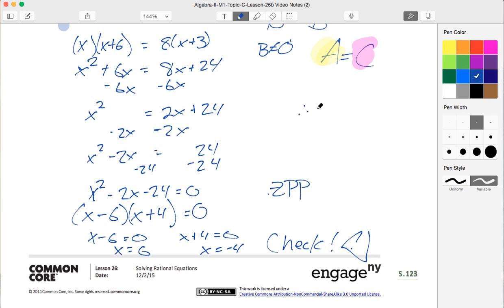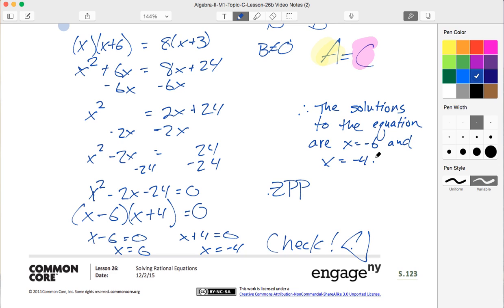So therefore, the solutions to the equation are x is equal to 6 and x is equal to negative 4. Okay, so your math proves this, but this is just what it says in words as well.